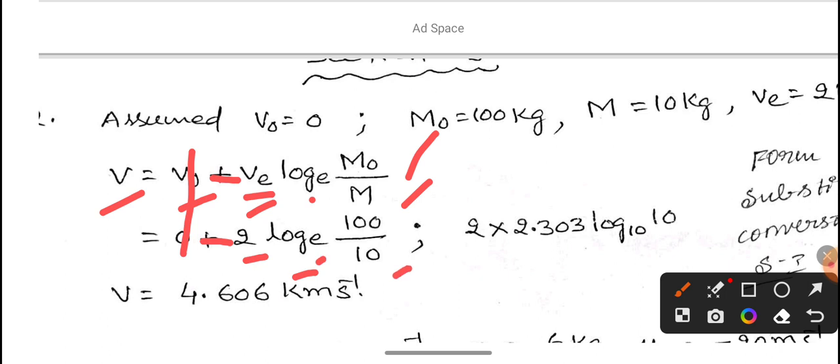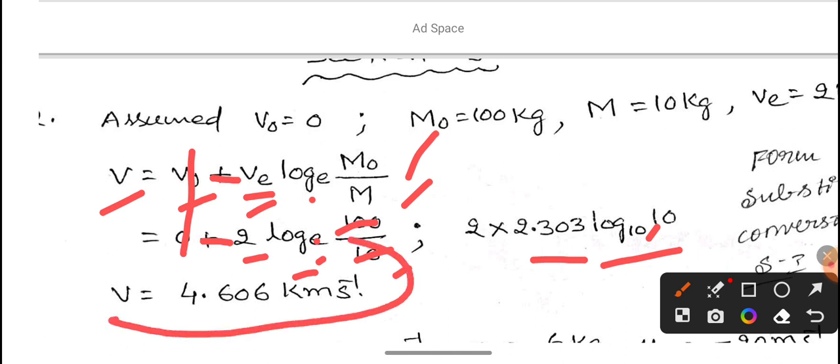We convert log base e to log base 10, that's why it is multiplied by the factor 2.303. If you multiply, you get the final velocity as 4.606 km per second. This is the way we calculate the final velocity of the rocket.